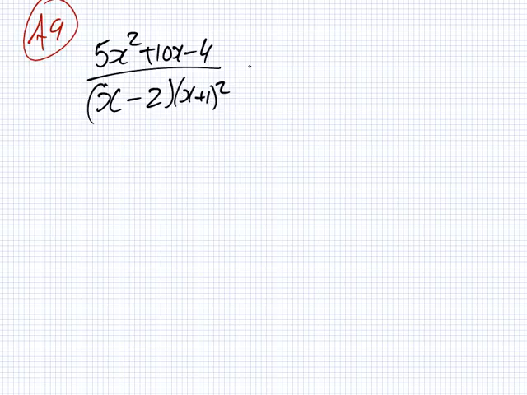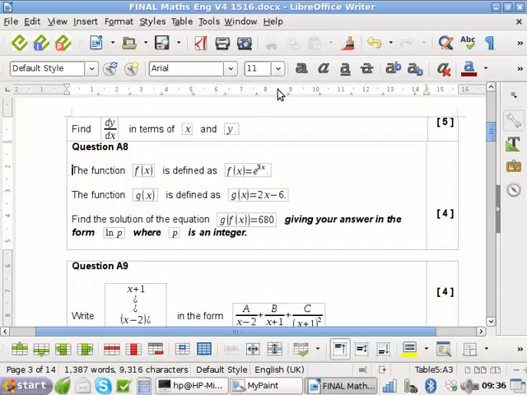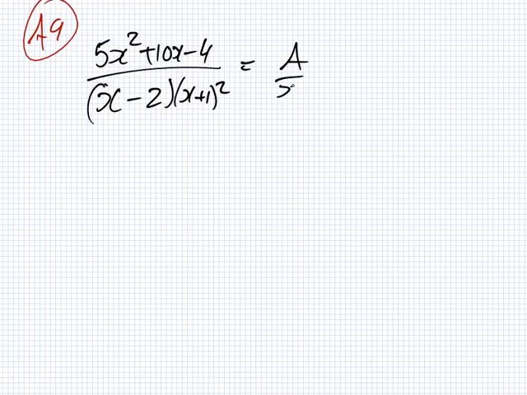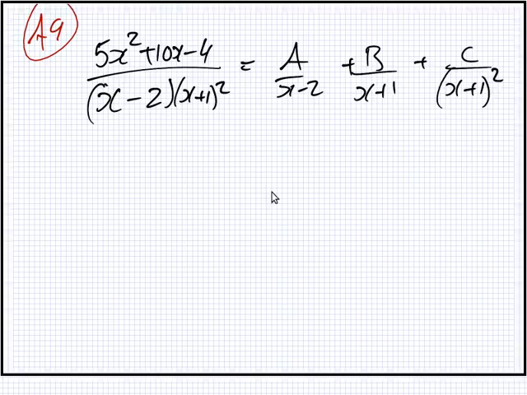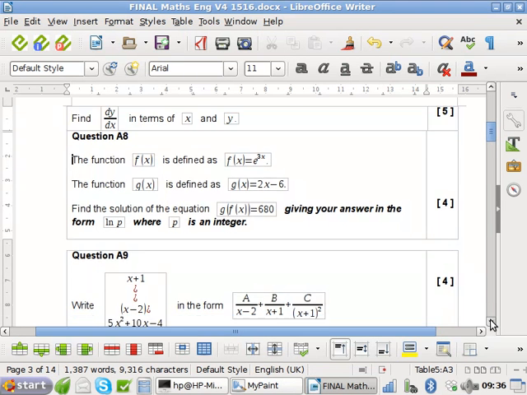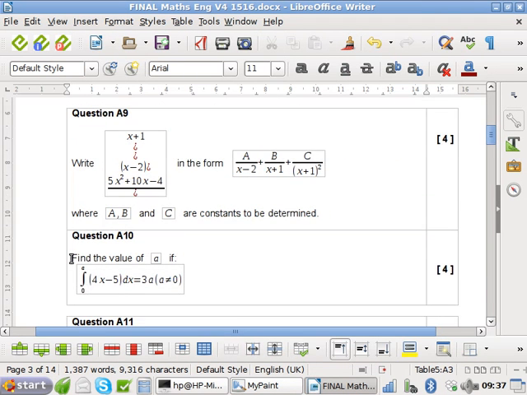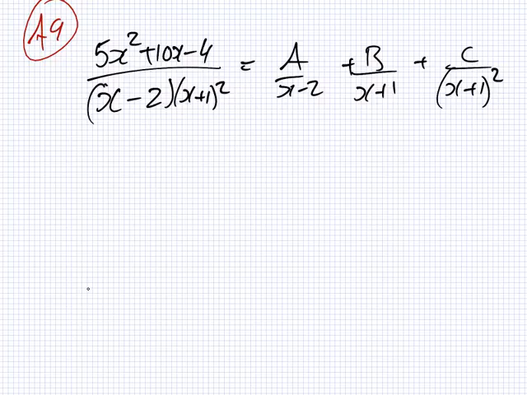And they tell us that this equals a over x minus 2 plus b over x plus 1 plus c over (x plus 1) squared. And we want to find the a, b, and c. Do you remember how to do these? What do you do first?